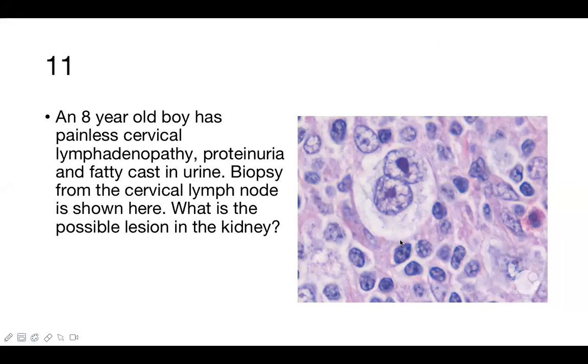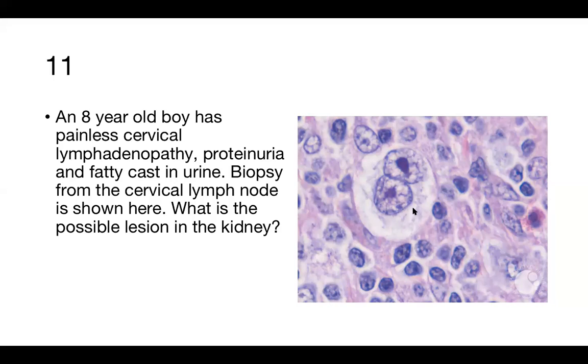Whenever you see a Reed-Sternberg cell on a histopathology slide, the first diagnosis is Hodgkin's lymphoma. But sometimes other diagnoses may also be there, like non-Hodgkin's lymphoma, reactive lymphoid hyperplasia, and very rarely even Epstein-Barr virus infection. But Hodgkin's lymphoma is the first one.